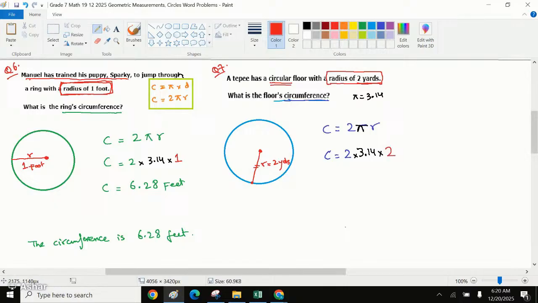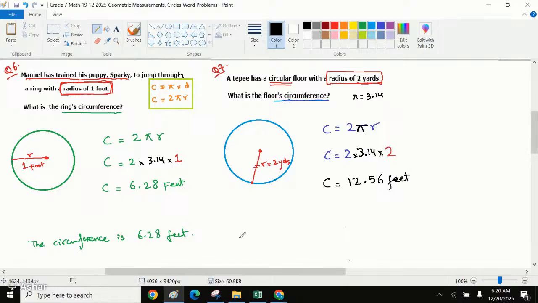Can we say 2 multiplied by 2 multiplied by 3.14, and the answer comes out to be 12.56. That means in this case, the circumference comes out to be 12.56 feet.